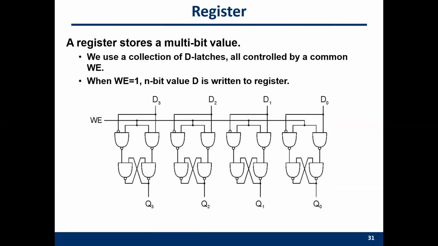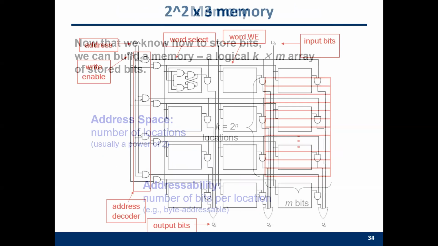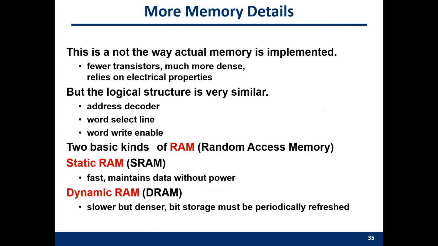For the DRAM, it just uses a capacitor to store the data. So the size of DRAM is smaller. DRAM is much denser than the traditional SRAM.